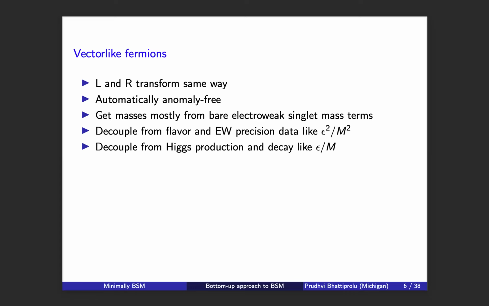It could still couple to the standard model fermionic sector. And if they do, these actually decouple from the flavor observables and the STU parameters like epsilon squared over m squared, where epsilon is the tiny Yukawa mixing with the standard model fermion sector. And these also decouple from the Higgs production and decay, like epsilon over m.